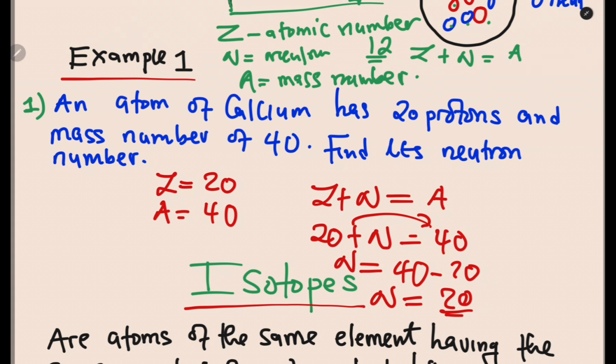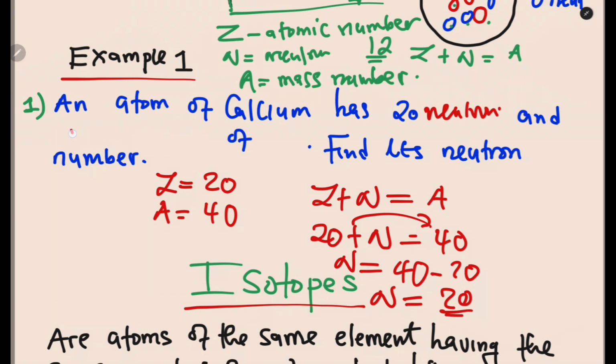Let us say this one was given as the neutron number, and this one was given as the proton number, which means a proton number of 20. Then they say find its mass number.